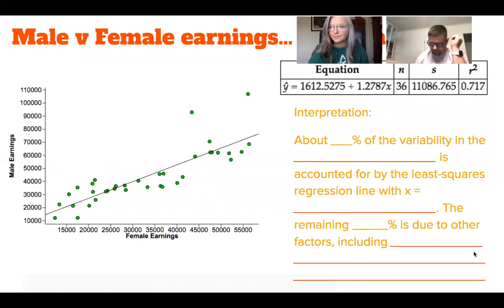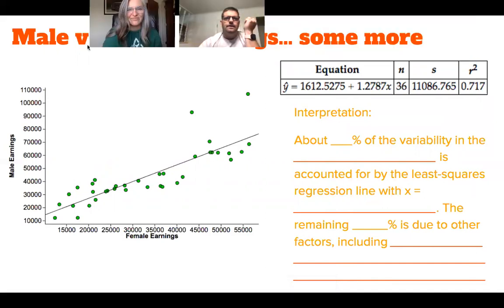So I would be looking for this case, and since she did the spleen and I'm going to do the writing, I would look at this and I would be looking at the R squared value of 0.717. So I would go in here and say about 72%. I could say 71.7% either way, of the variability in the Y value.